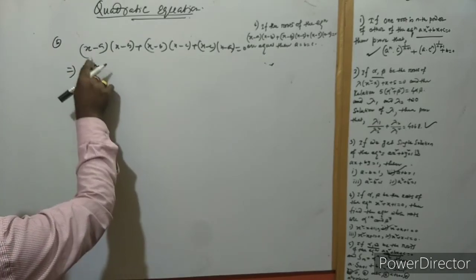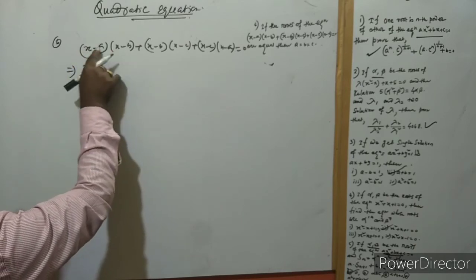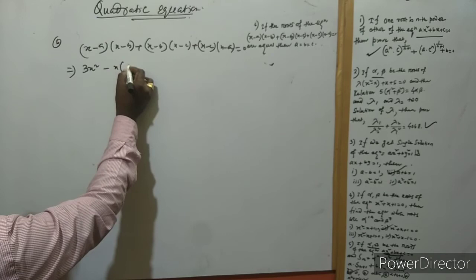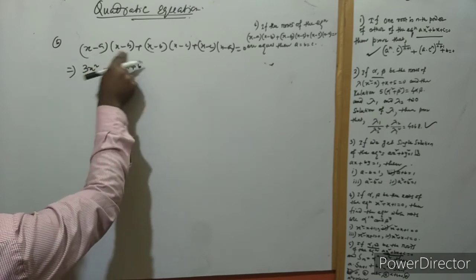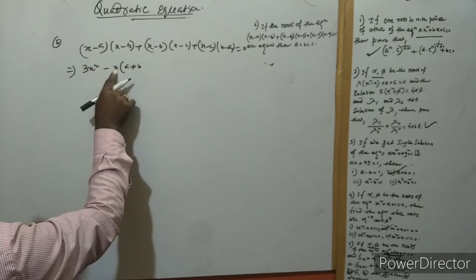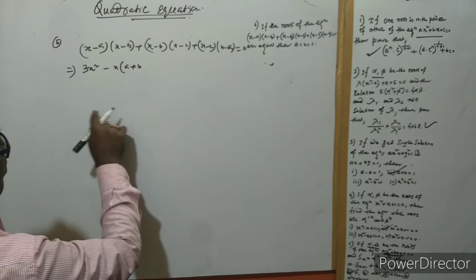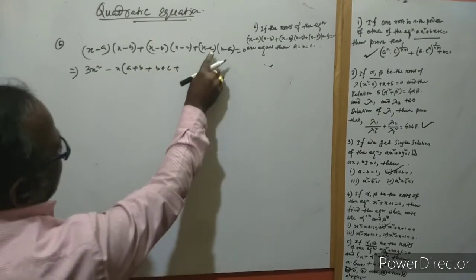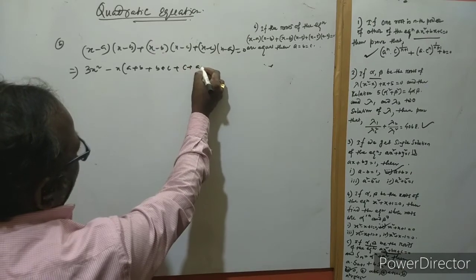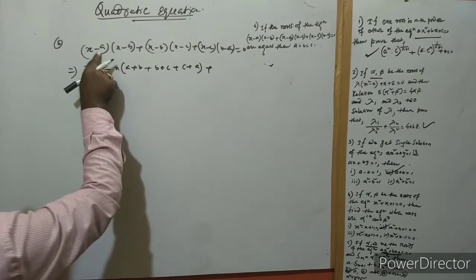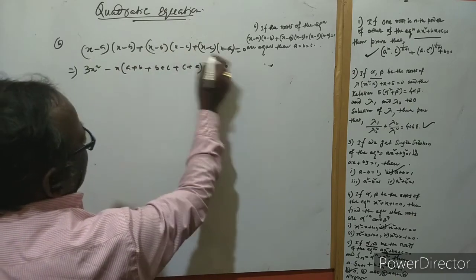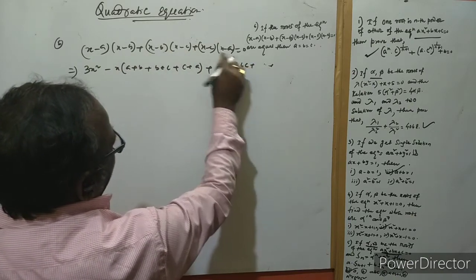After that, multiply x into B or A into x, so we take common x. So we got A plus B, same as B plus C, same as C plus A. After that, multiply by minus A minus B. This is plus AB, plus BC and plus CA.